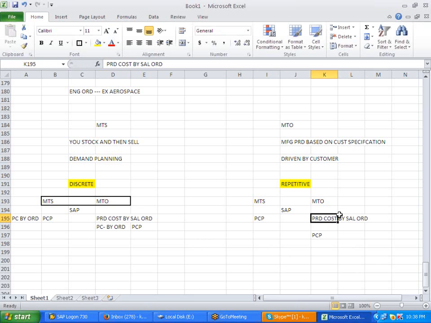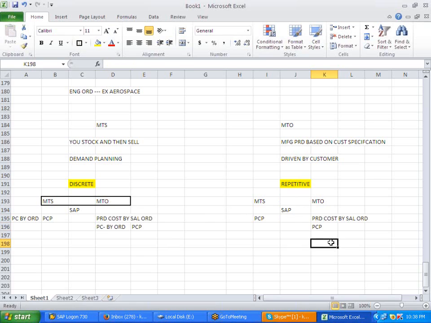Okay. So under product cost by sales order, in discrete manufacturing, I can use both scenarios, product cost by order and product cost by period. Now in repetitive manufacturing, under product cost by sales order, I cannot use product cost by order, I can use only product cost by period. Clear?